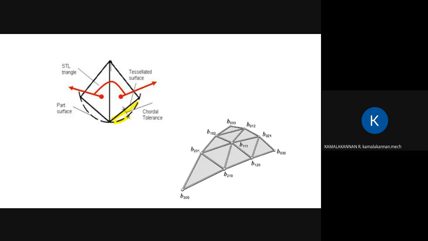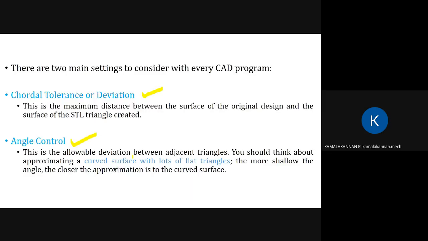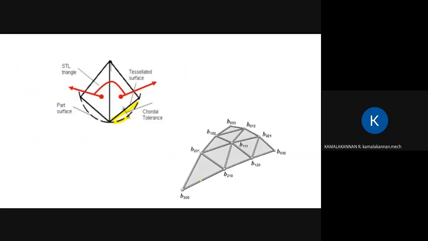The second one is the angle control of the mesh of triangles you have formed. When you have a curved surface, each triangle is flat, but with a large number of triangles you finally achieve your curved surface. So you have to control these two to have an accurate product.